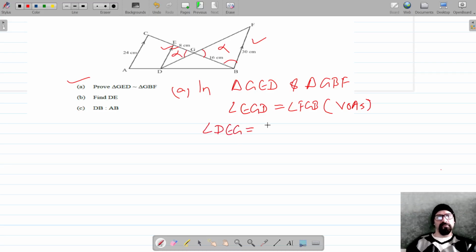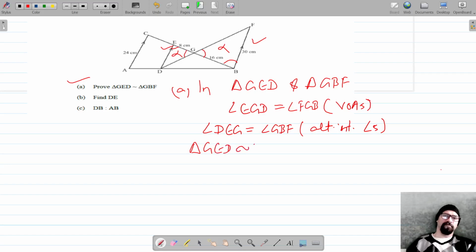Angle DEG is equal to angle GBF. These are the alternate interior angles. So we can say that triangle GED is similar to triangle GBF by AA similarity.